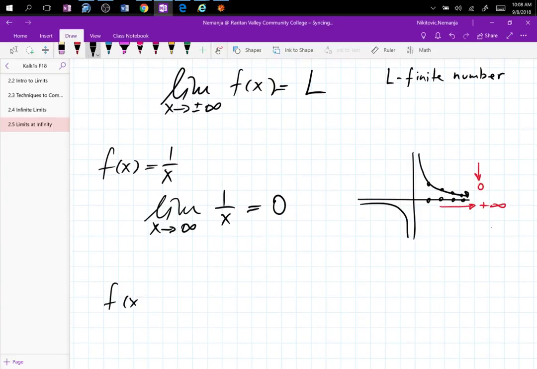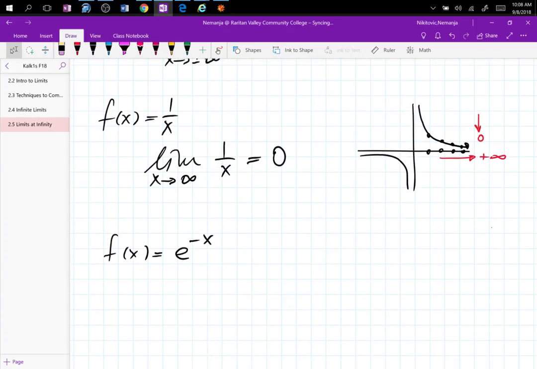Another example, f of x equals e to the negative x, the decay function. You studied this in your pre-calculus course for radioactive decay, garbage decay, and other problems, right?